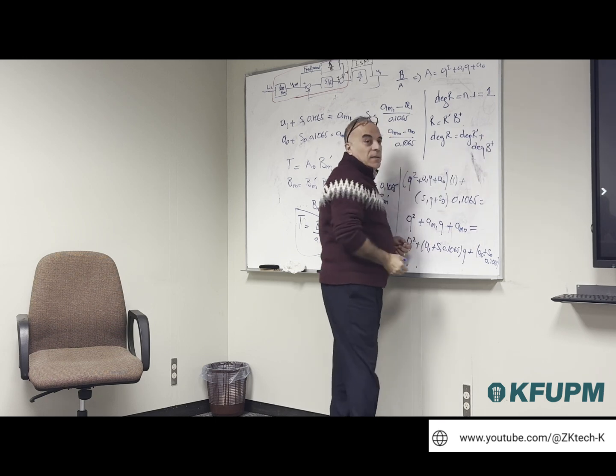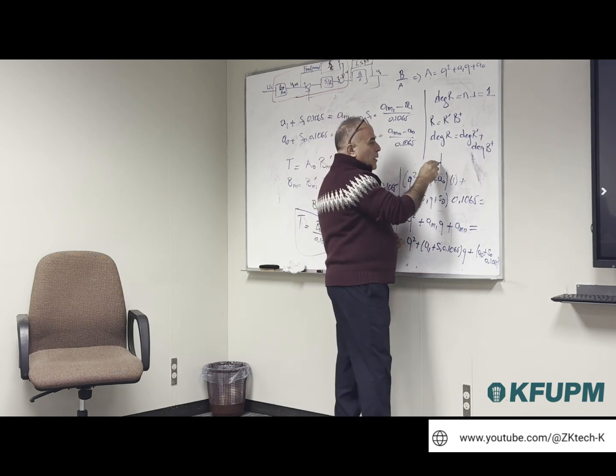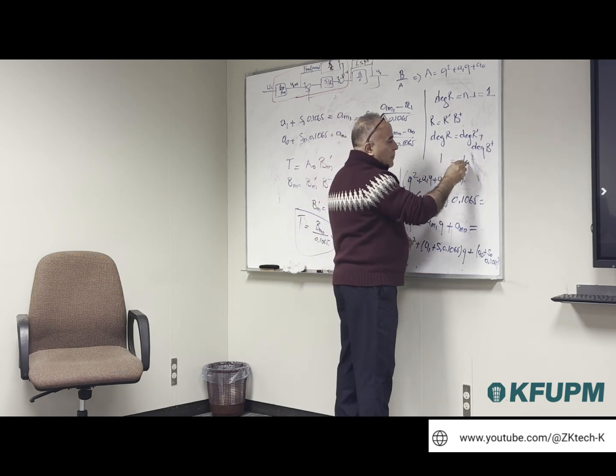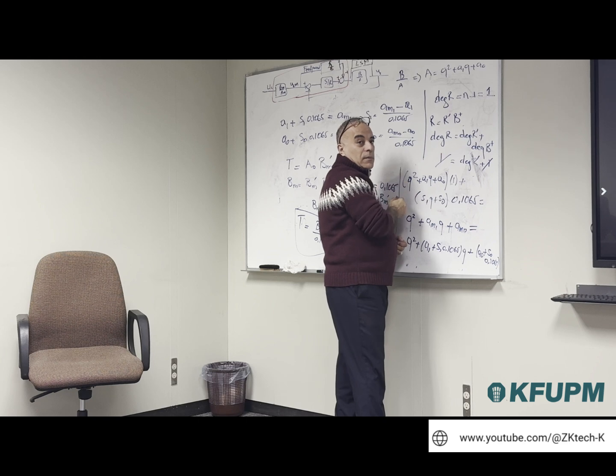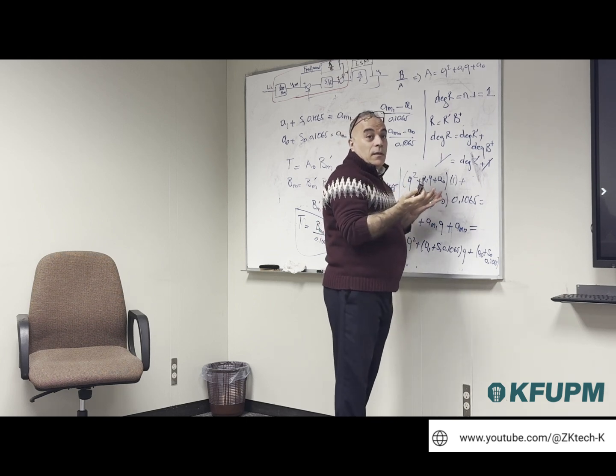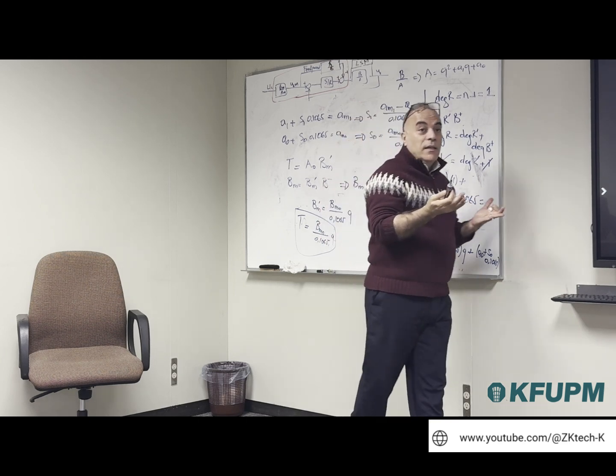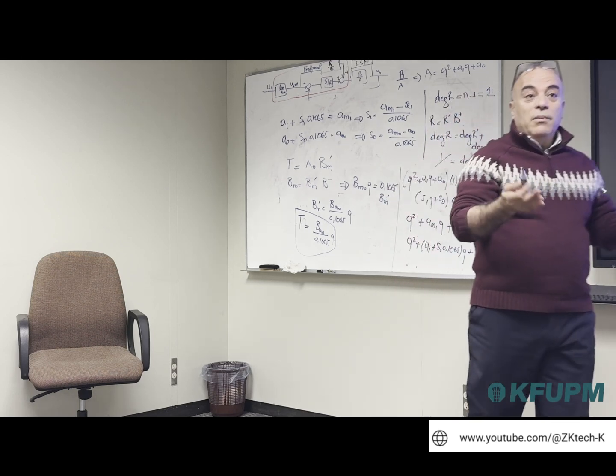What's the degree of B plus? 1. So 1 equals the degree of R prime plus 1, which means that the degree of R prime is 0. So it is a constant. Okay. Why did we select it equal to 1? Monic. Monic polynomial.